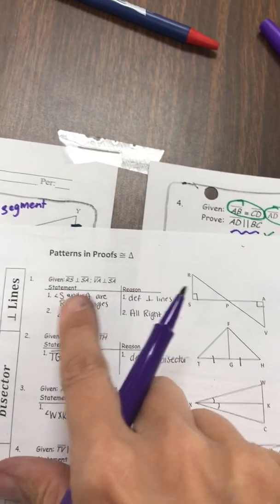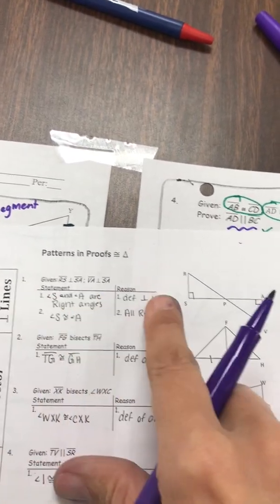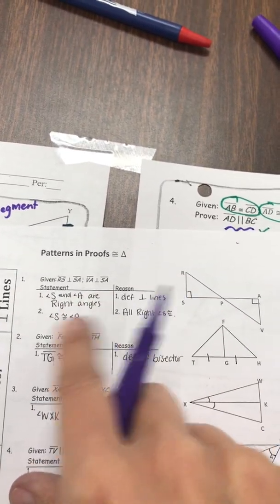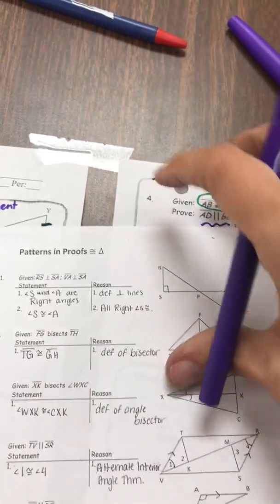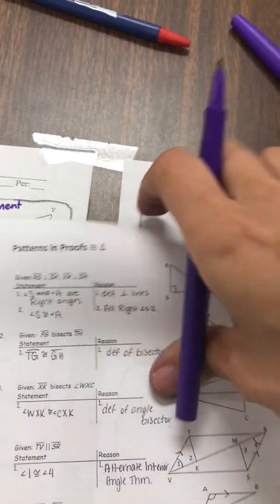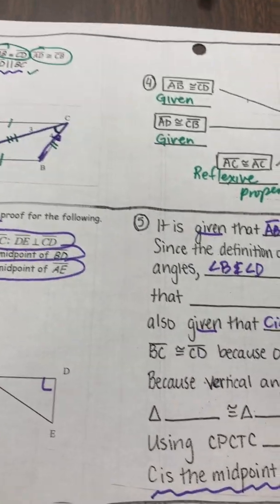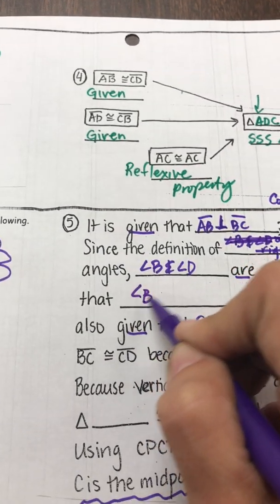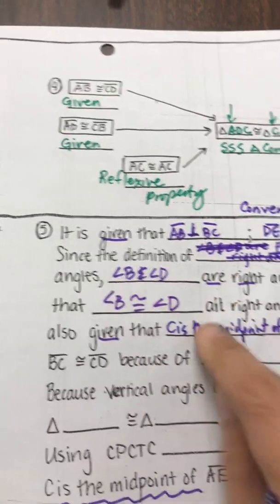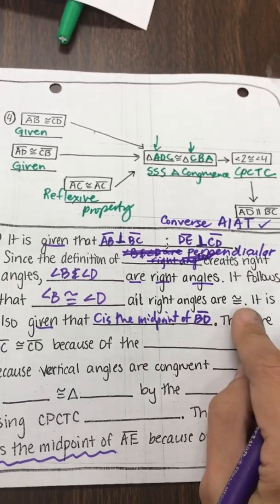Okay. So, from my cheat sheet, it says I want the two angles are right angles, and then I want to set them congruent to each other because all right angles are congruent. So it would follow that angle B has to be congruent to angle D because all right angles are congruent.